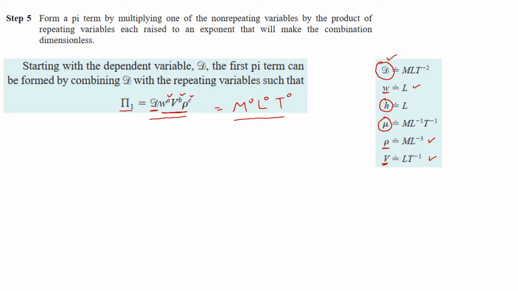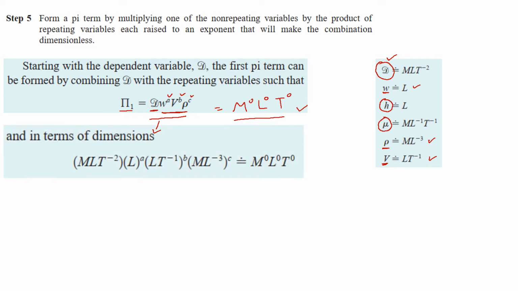So now let's write their dimensions. Now let's write the dimensions of these terms and equate them to a dimensionless entity, in this case our 3 reference dimensions, the MLT, raised to the power of 0. So this is how we are going to write it. These are my dimensions for force, that is my non-repeating variable, and then my repeating variable width, my repeating variable velocity, and my repeating variable density.